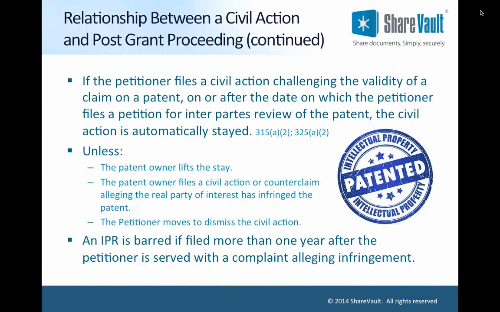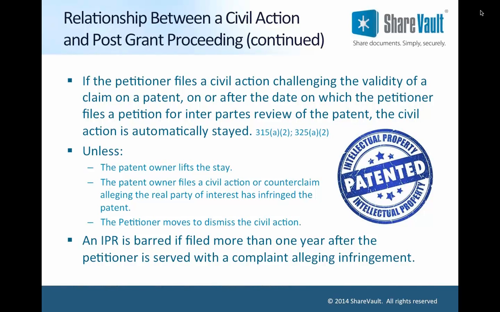Now, this is a slightly different situation, and here I've essentially copied the language of the statute. The petitioner can file a civil action on or after the date on which they file the IPR.